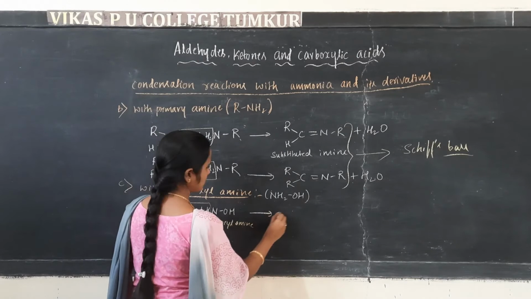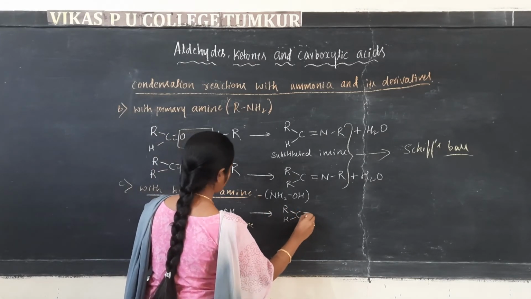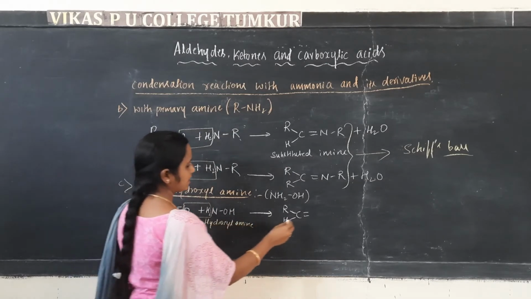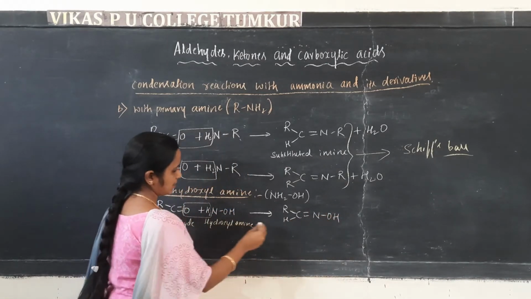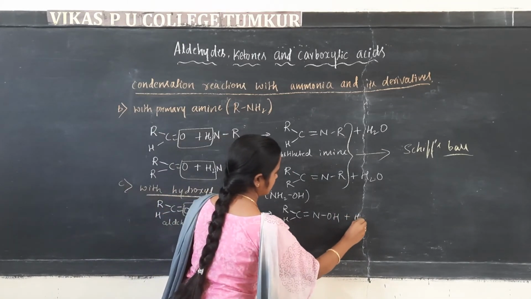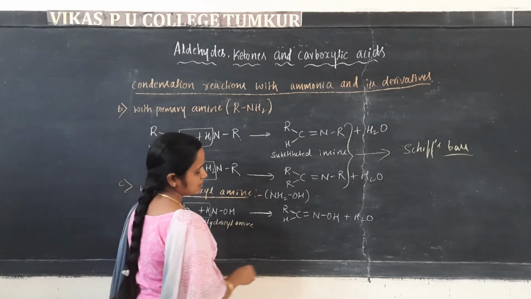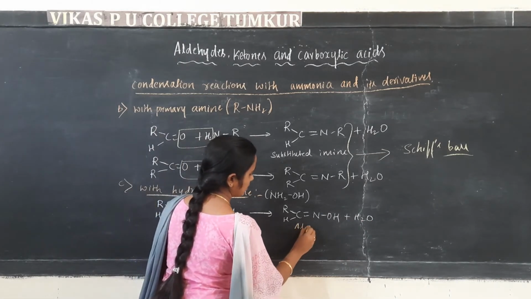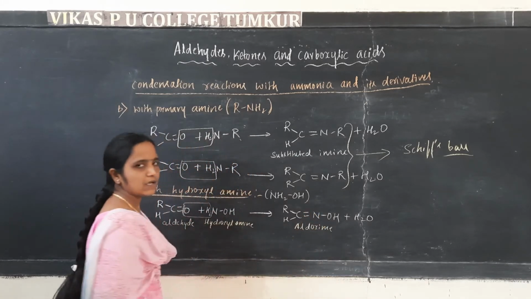That is RCH double bond NOH plus H2O. The name of this is aldoxime.